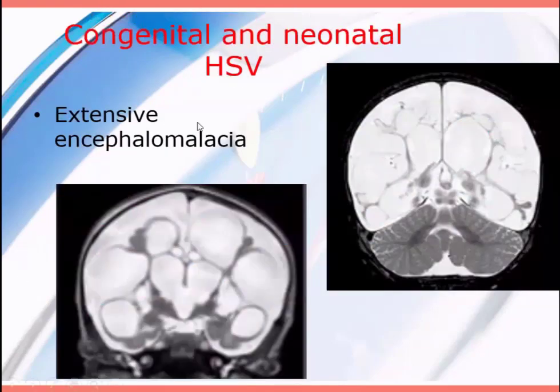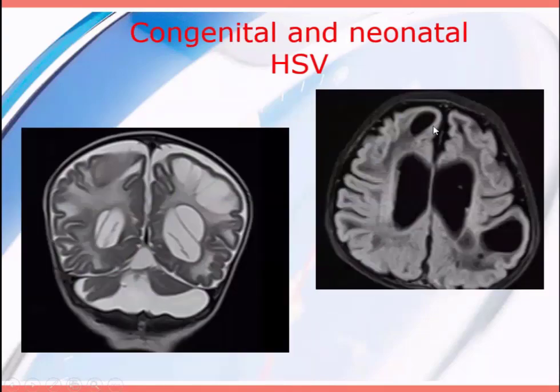This is an example after the healing of the herpes simplex virus. This case will come to us very often. It has extensive encephalomalacia. So when you find extensive encephalomalacia in the brain like this one and the other one, you have to suggest the presence of congenital herpes simplex virus.